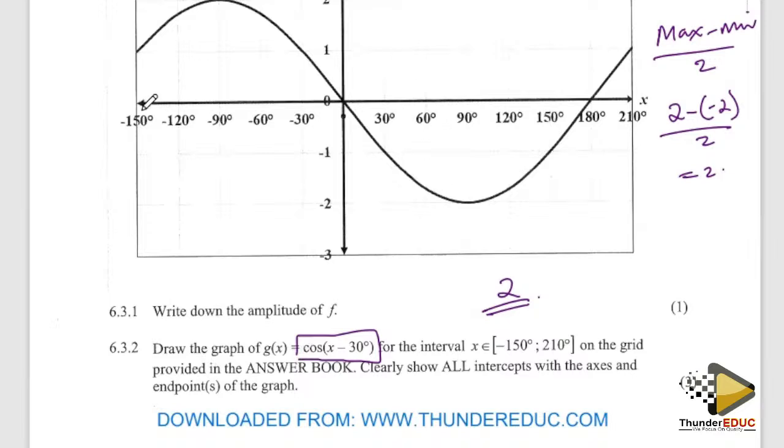So the starting point has to be negative 150. We press the equal sign. The end point is going to be 210. And then the step is the intervals. We're using intervals of 30, 30, 30. So when I enter the step of 30, I'm going to call that g. Okay, so do that to get your 3 marks.